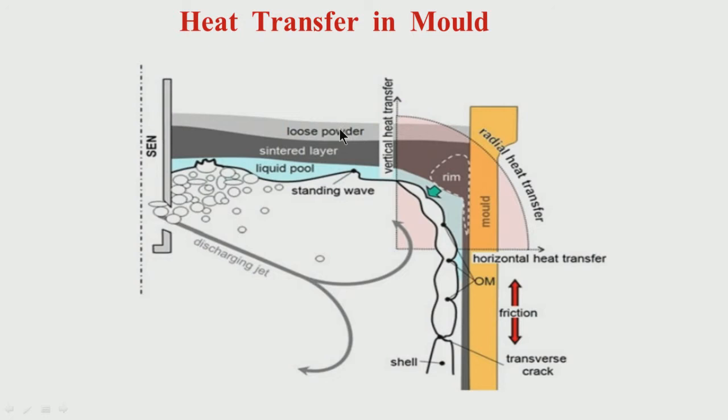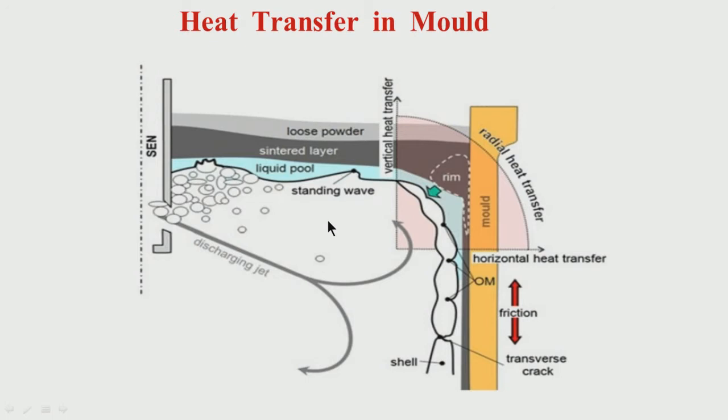That powder melts in contact with the hot liquid steel. So there are basically 3 layers: the loose powder at the top, then the sintered layer, and finally the liquid pool of slag, which is just at the top of the liquid steel.